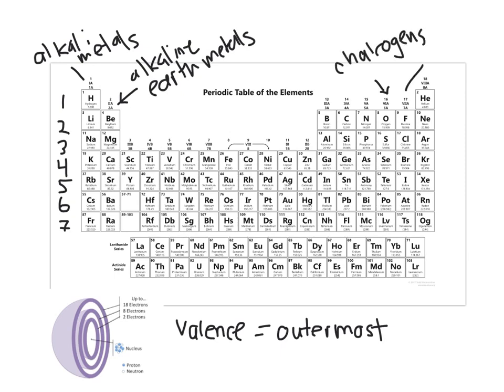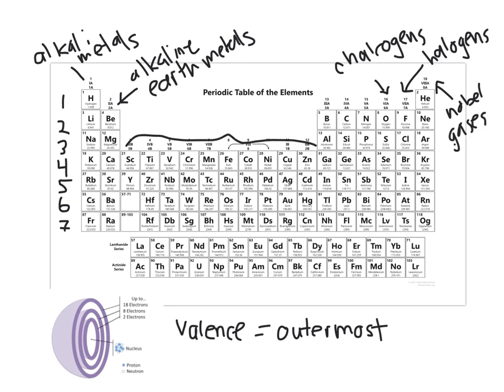Column 17 are the halogens, and column 18 are the noble gases. All of these elements in here, in these 10 columns, are called the transition metals.